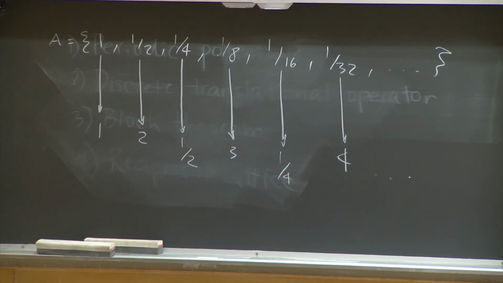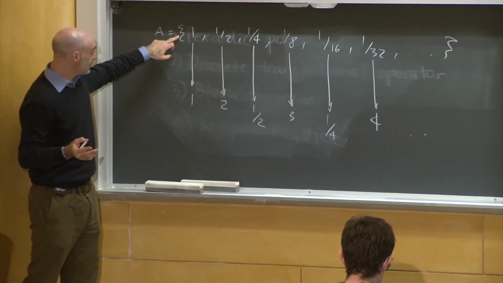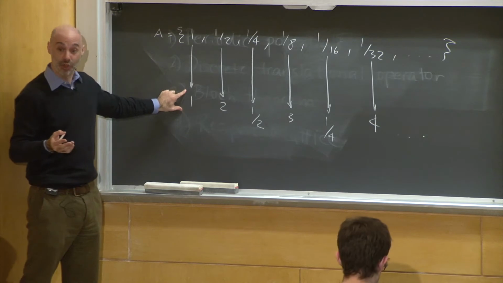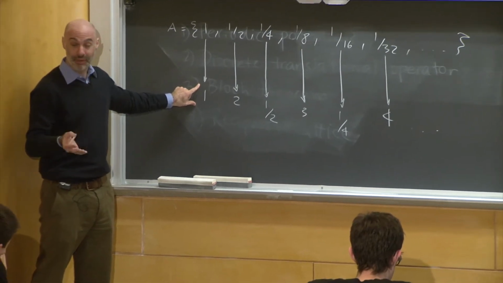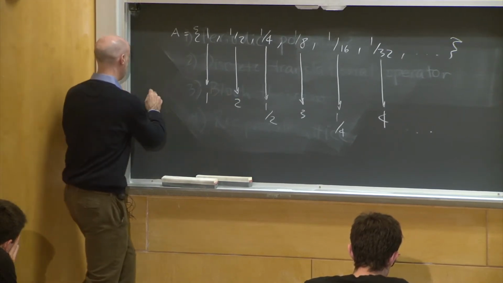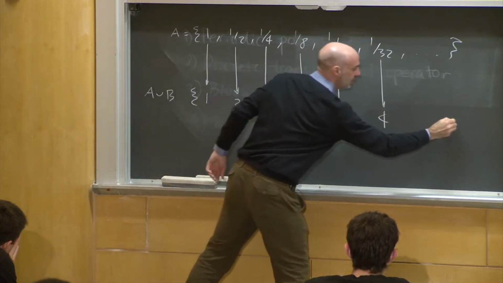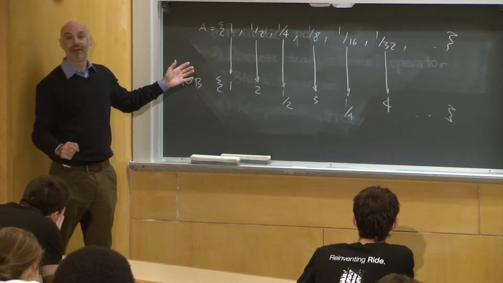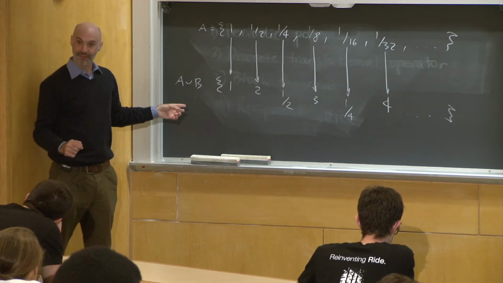So when we're done with that procedure, what happens is that we've mapped each element of A to a different element of the union of A and B, and nobody has been left unmapped. So that's A, and what we have here is A union B. So we have a 1-1 mapping from A onto A union B.